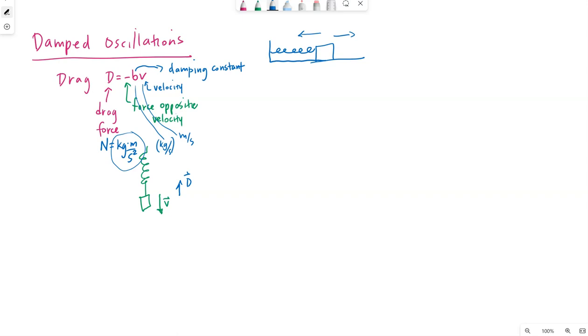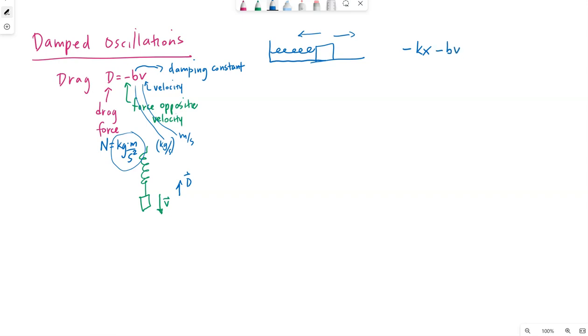Now, that's the ideal situation. Realistically, not only do we have the spring that's always causing the motion, the spring force we write as negative kx, x representing how far the spring is stretched or compressed.